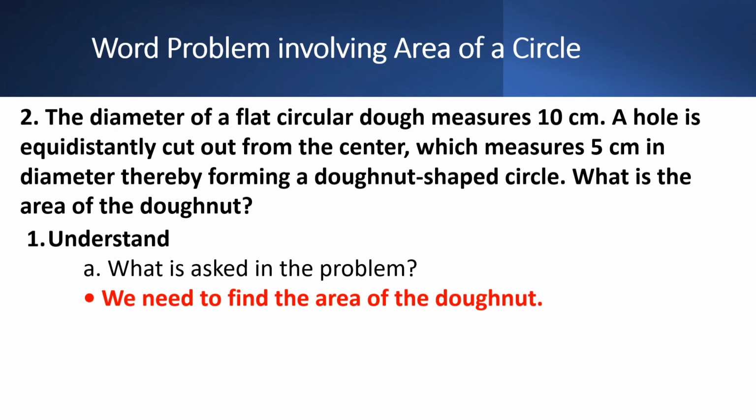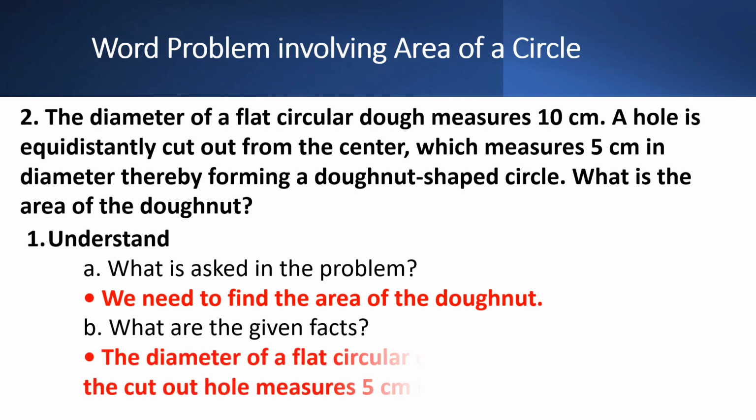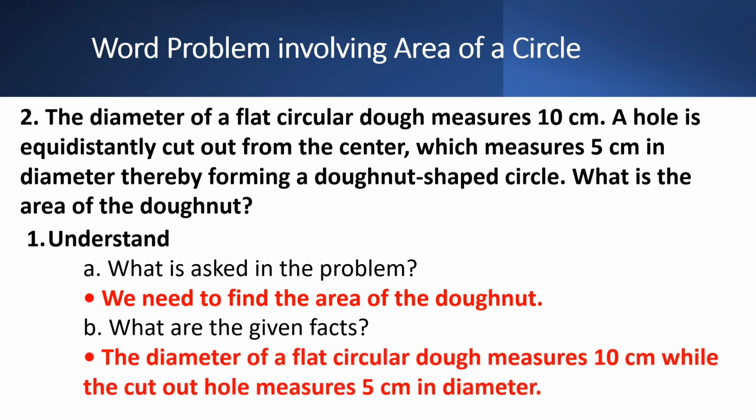So pag sinabing donut, alam naman din yung donut, di ba? May butas sa gitna. So what are the given facts? Of course, makikita natin sa problem na meron tayong dalawang diameters. So the diameter of a flat circular dough measures 10 centimeters while the cutout, yung binutas sa gitna, measures 5 centimeters in diameter.